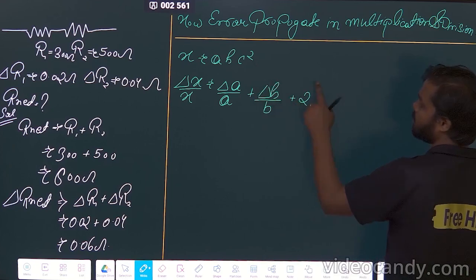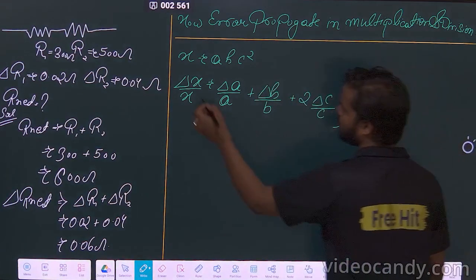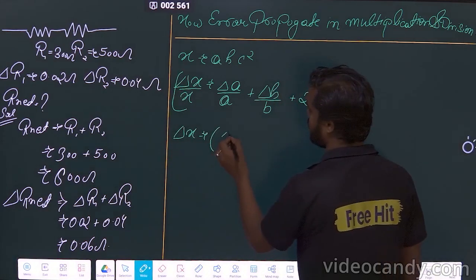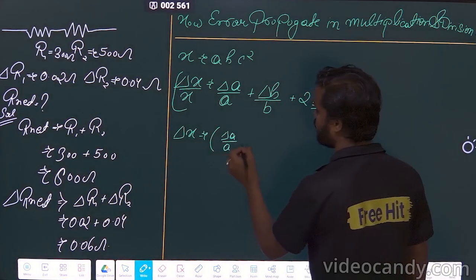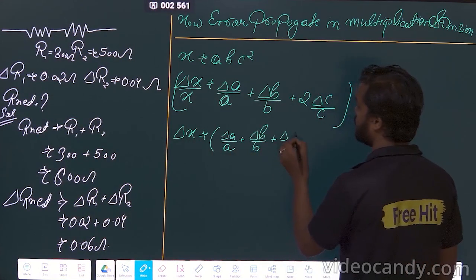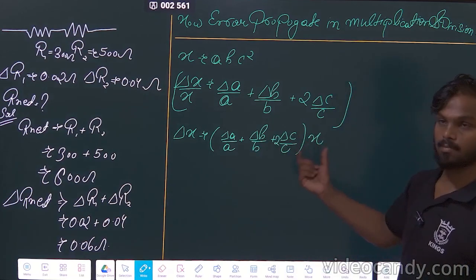So you will bring 2 that side, 2 delta c by c. That is how it is going to propagate. So my error delta x will be equal to delta a by a plus delta b by b plus 2 delta c by c, into x. Clear? That is how you have to write in multiplication.